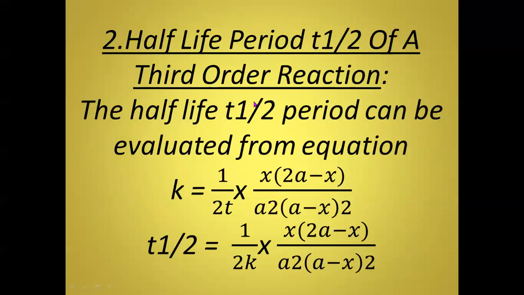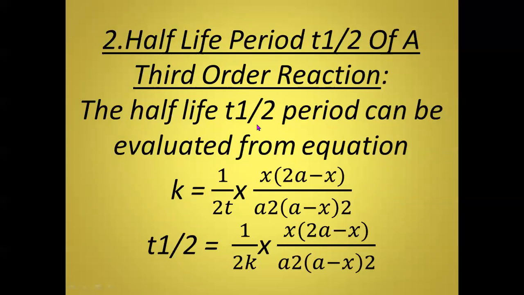So we need the rate equation again: K = 1/2t × x(2A − x) / (A²(A − x)²).